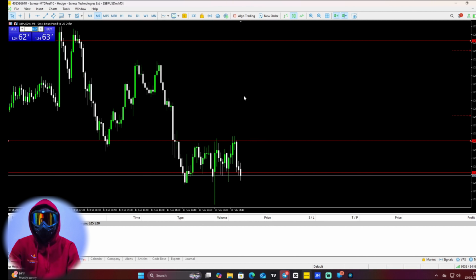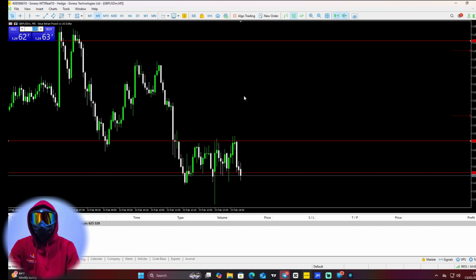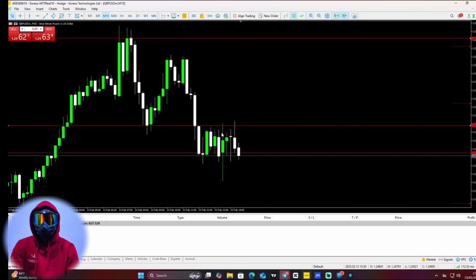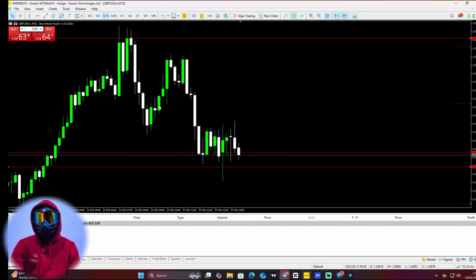These things of using 0.10 today, tomorrow you use lot 1, the other day you use 0.01, that is why you're not consistent. Your lot size is not consistent. So you use 0.50, you lose $200. Tomorrow you come fearing, and you use 0.02.